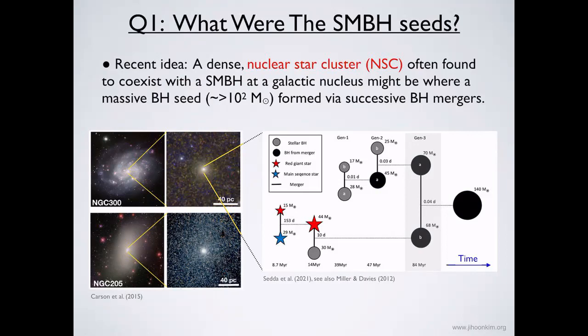In these settings, the density of the stars and the subsequent black hole populations is so high that the merger rates of the black holes are high enough that in just about hundreds of millions of years, you can form hundreds of solar mass black holes or up to thousands of solar mass black holes. That has been shown by recent studies using Monte Carlo calculations and semi-analytic calculations.